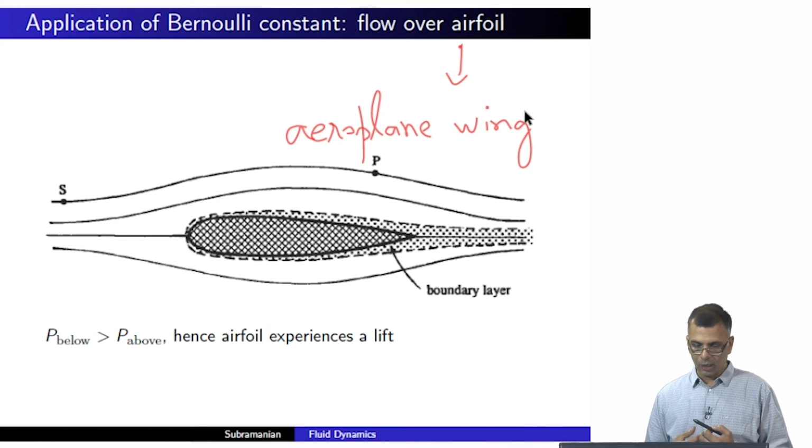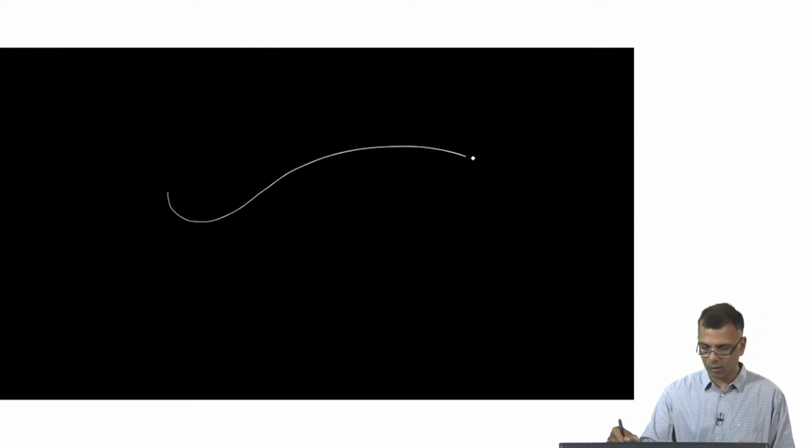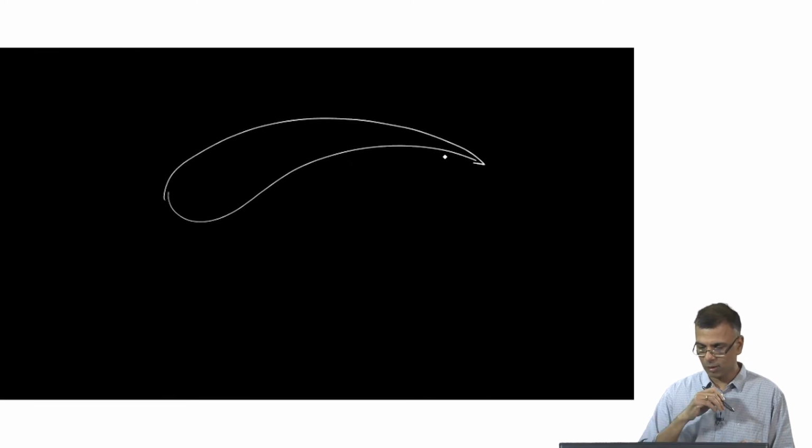Okay, right. So it turns out that this figure does not emphasize this enough, so I will draw an airfoil. This is really how an airfoil looks. It's exaggerated, of course.